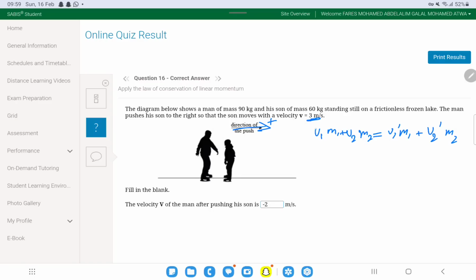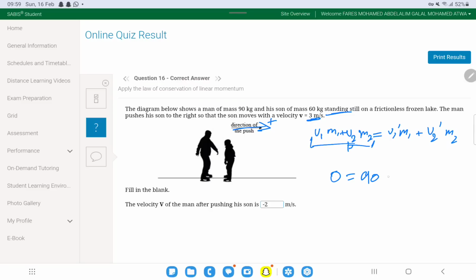They're both standing on a frictionless frozen lake, so they're both at rest, so this whole side is 0. We'll count M1 as the man. So M1 is 90.